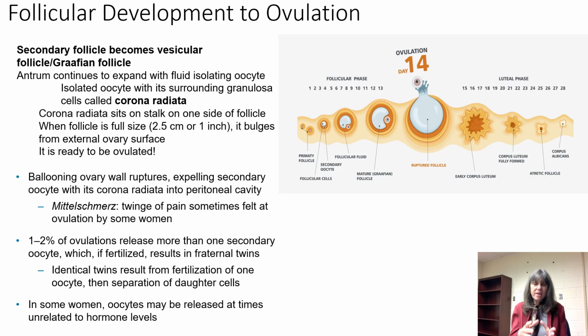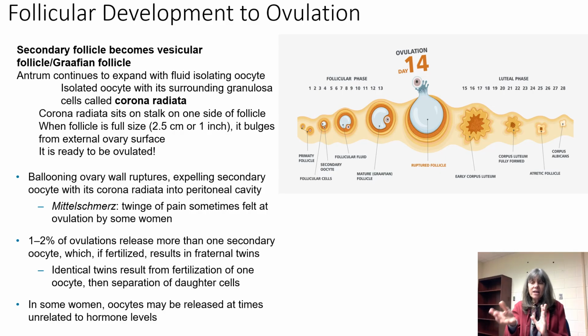And remember that the corona radiata is still going to sit on a stalk on one side of the follicle, but when that follicle size reaches about 2.5 centimeters or an inch in diameter, as it bulges on the external surface of the ovary, it's at that point where the ballooning of that wall of the ovary will cause it to rupture, expelling that secondary oocyte with its corona radiata into the peritoneal cavity.